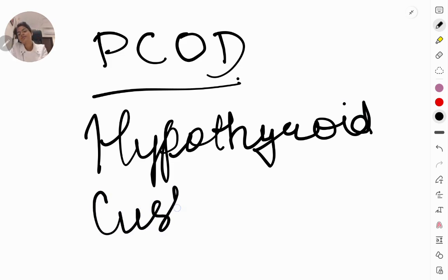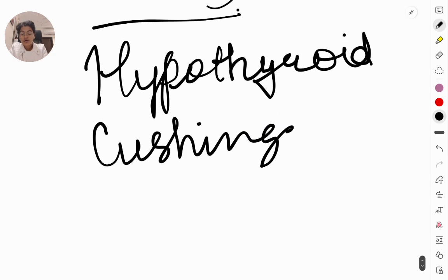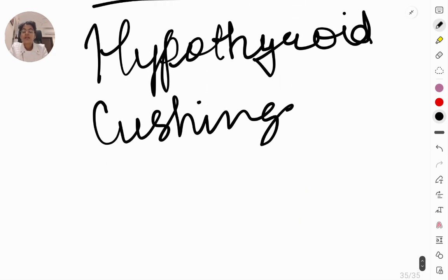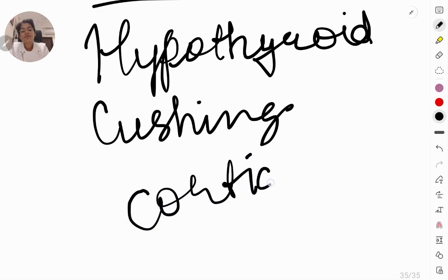Cushing syndrome. Then there are some medications which cause it, like oral contraceptives and also corticosteroids. I had said that corticosteroid was there in negative nitrogen balance, okay, and I am saying now corticosteroid is responsible for obesity.